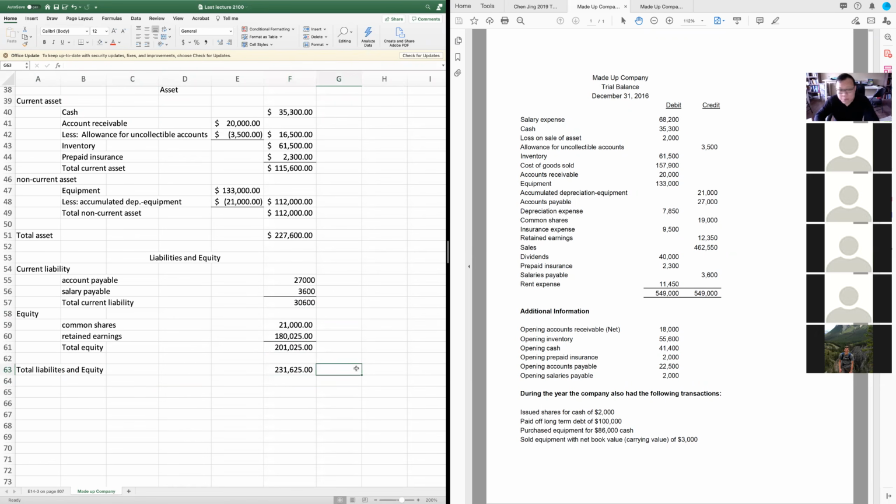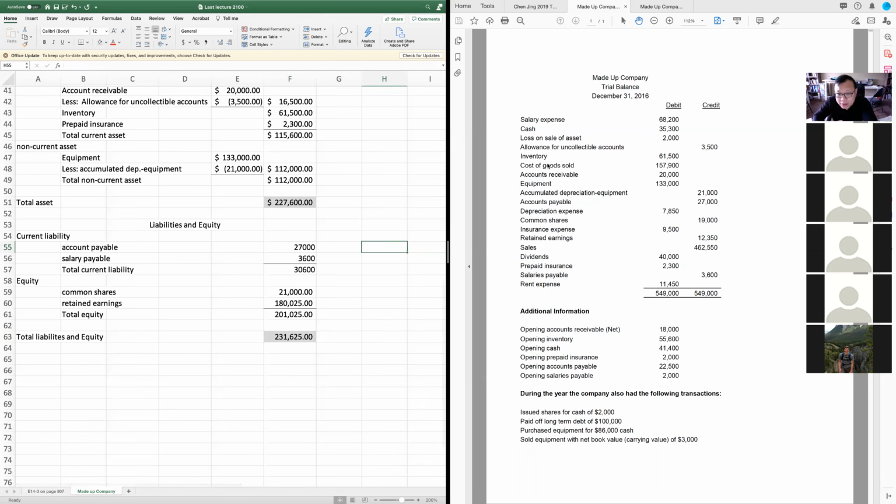Okay, so we are in trouble now. These two are not balanced. Do you know why? Because ideally, once you're done, these two numbers have to be the same, right? Balance.